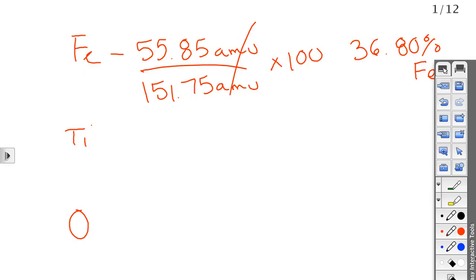You're doing iron again? No, because I already did iron. I want you to do titanium and oxygen now. Making sure everybody has a good start before I work it out.